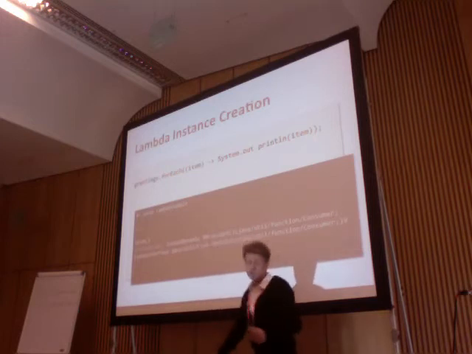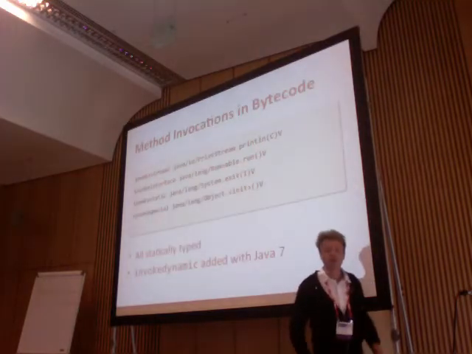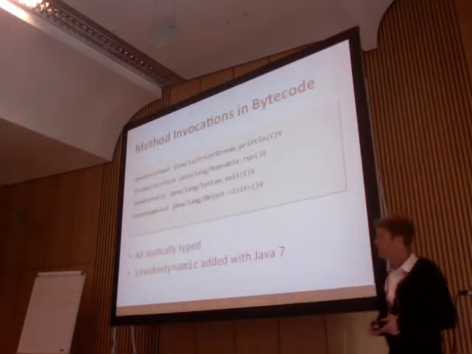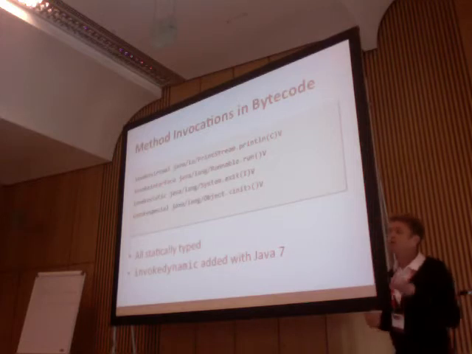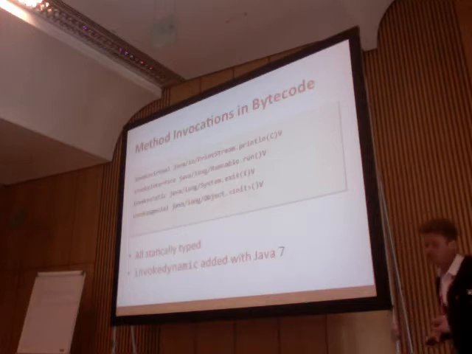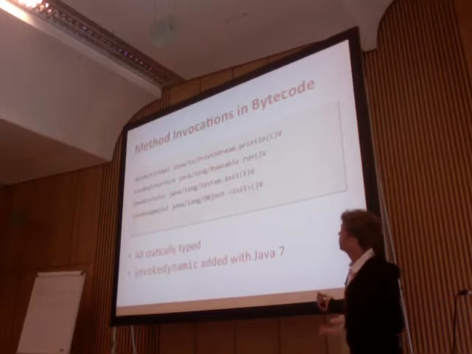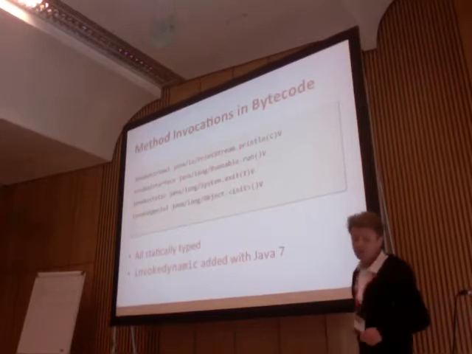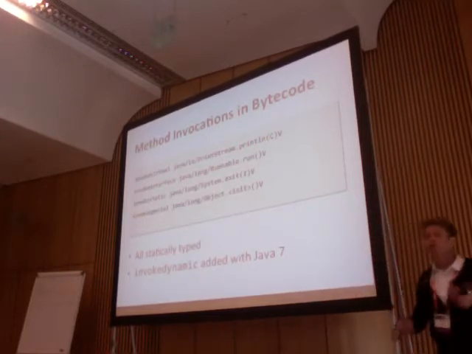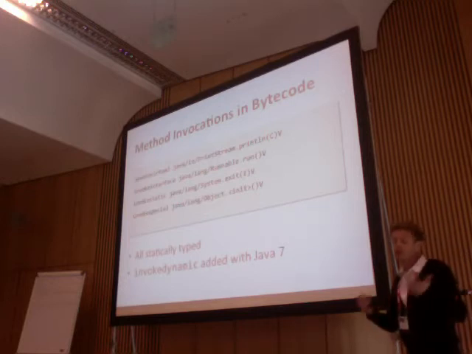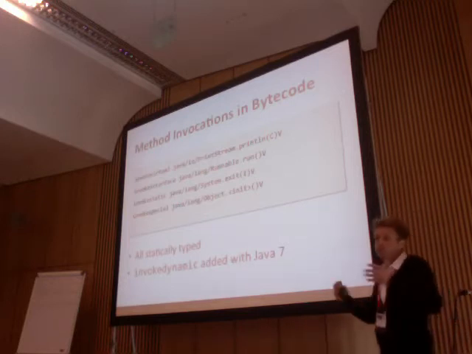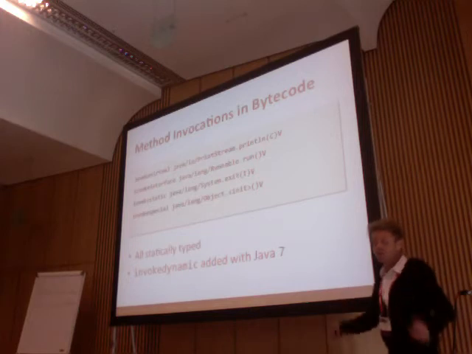So what is that invokedynamic? In Java bytecode, since Java 6, we had 4 ways to invoke methods. It was invokevirtual, to call any instance method, for example, println on the PrintStream. Invokeinterface, to invoke interface methods, so if the method type is bound to an interface, like Runnable.